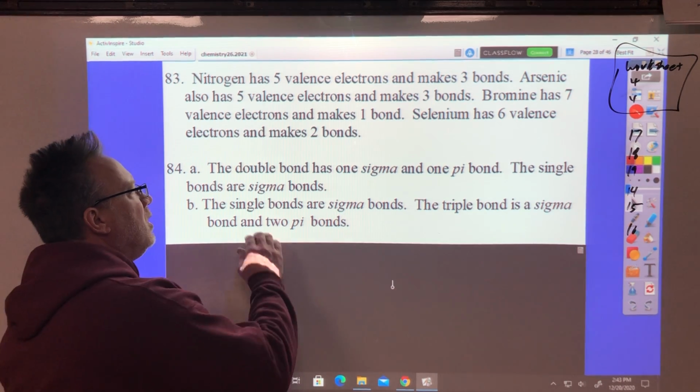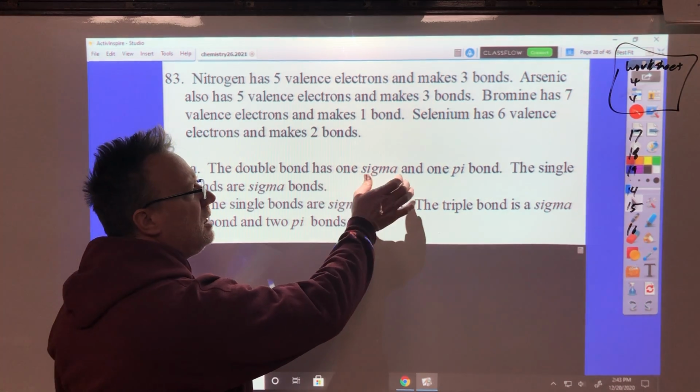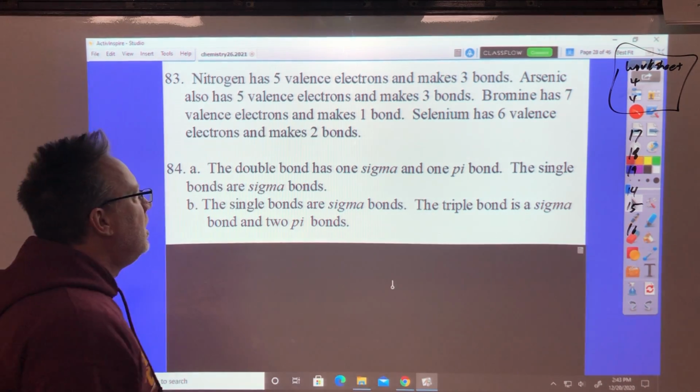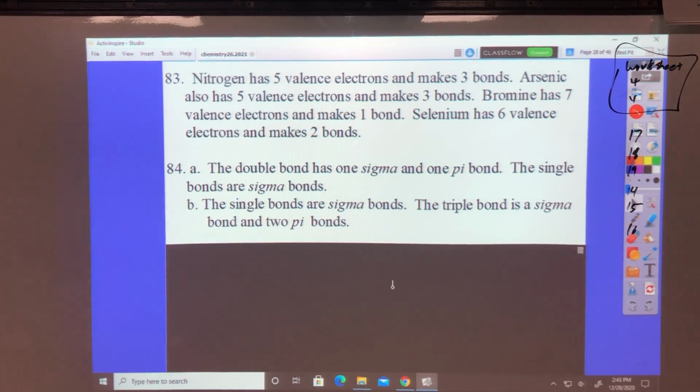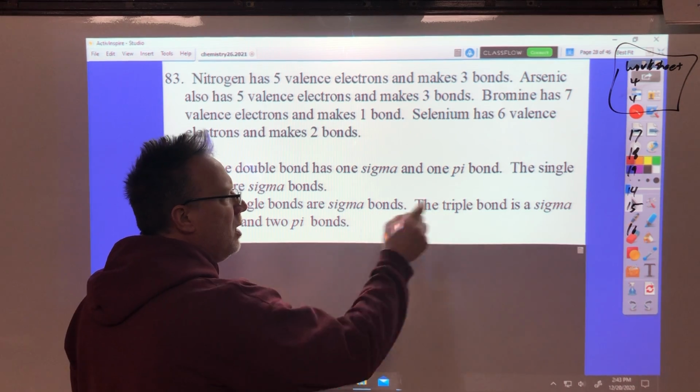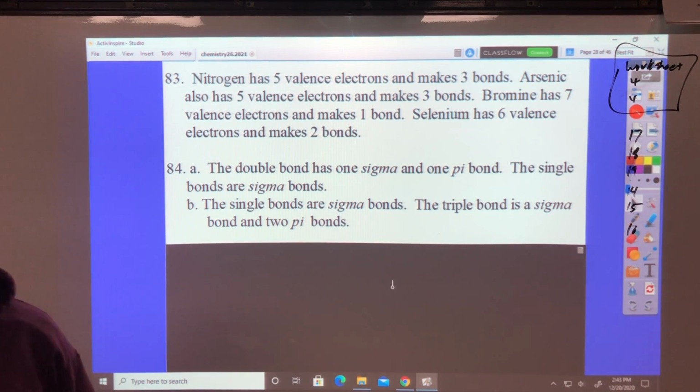Okay, in the first one, you've got a double bond, that's a sigma and a pi. The bonds between the hydrogen and carbon are sigma bonds. In B, the triple bond, you've got sigma bonds on either end, but the triple bond has a sigma and two pi bonds. You probably already know that.